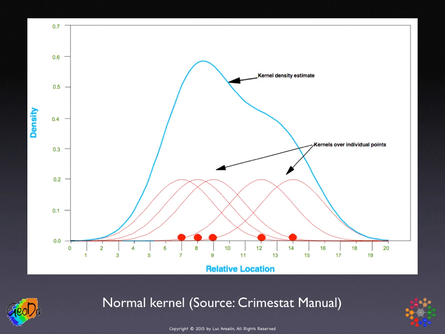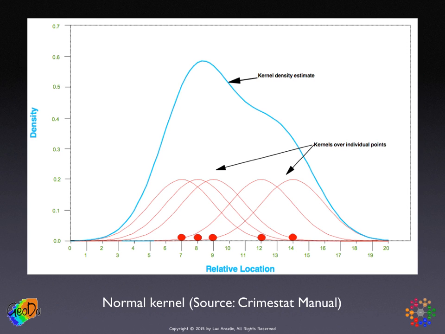In this particular case we get a peak over the 3 points, because that's where most of the value is added together. Then it goes down in the gap between the 3 and the 2 points, and then there's a little bump over the 2 points.